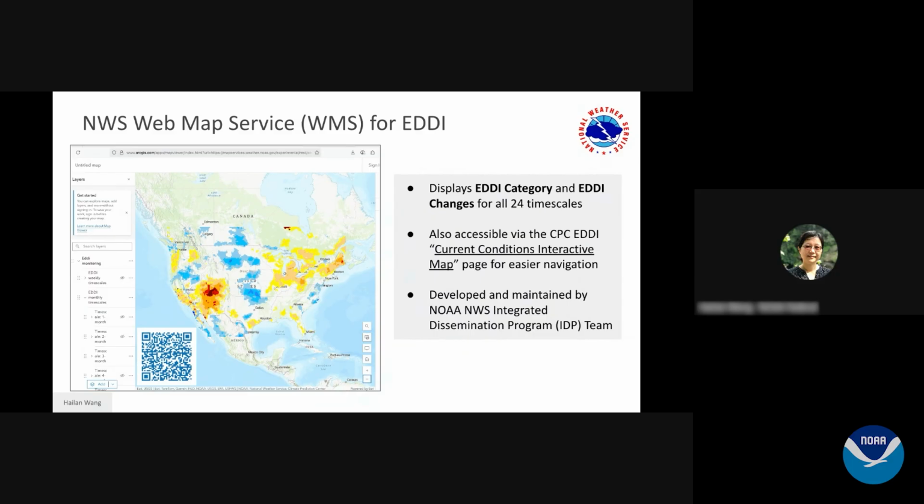To make the navigation much easier, our webmaster Ada has also developed a special page and added it onto our CPC EDDI webpage. This page is the current conditions interactive map, which Ada is again going to show you during the tour. Next slide.